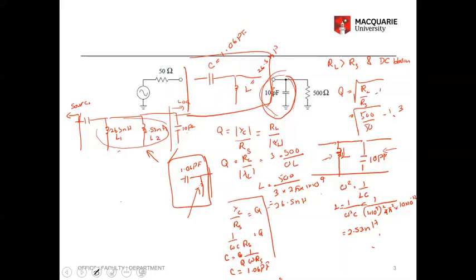So total inductance L is L1 L2 over L1 plus L2, right? So that way you can figure out the L value, and you sub them in, you will get somewhere around, I guess, 2.3 nanohenry. So that will be your total final circuit, that is 2.3 nanohenry. So that's your matching circuit.